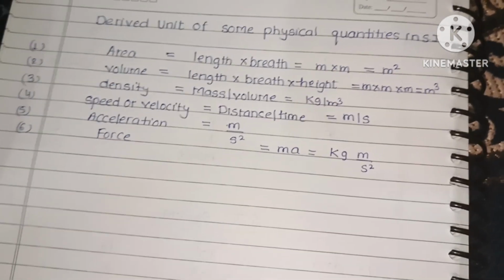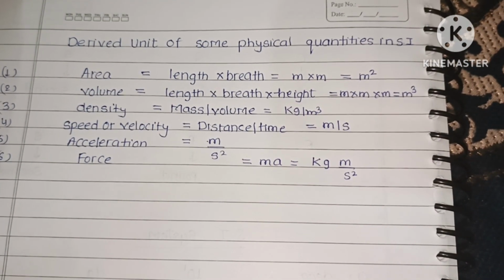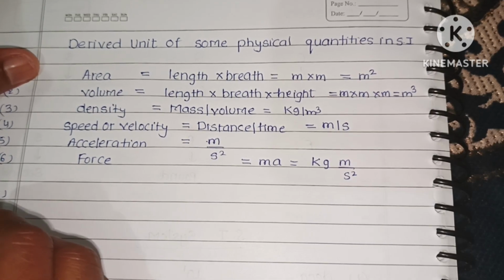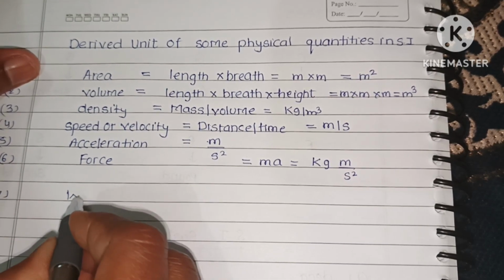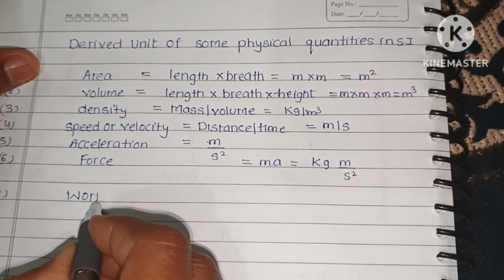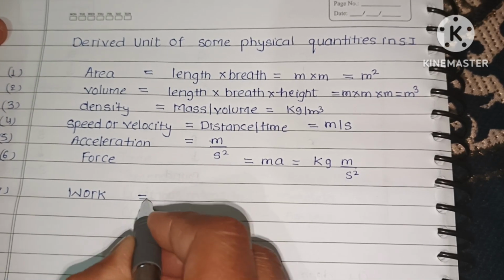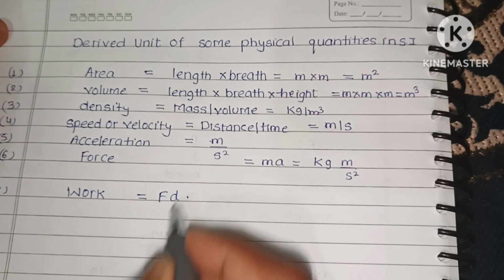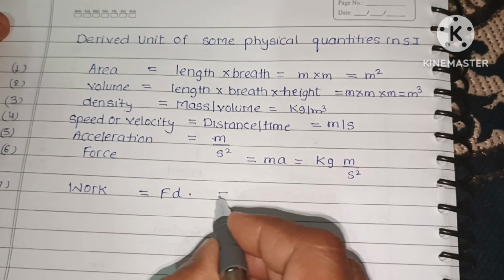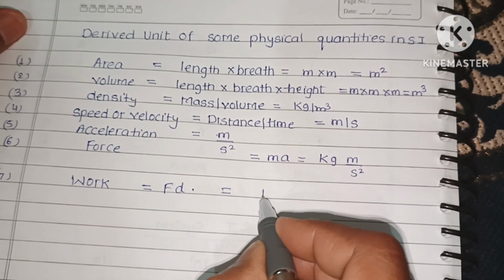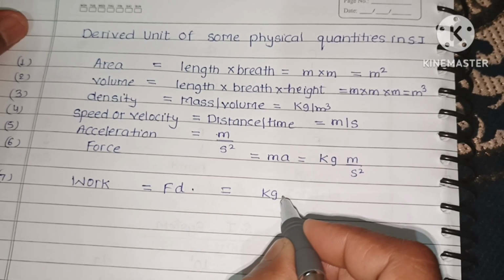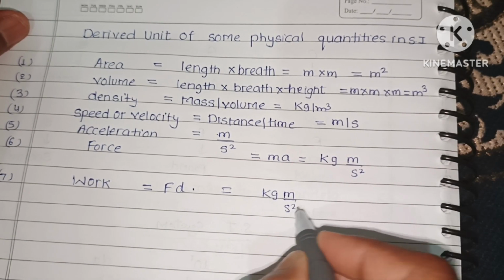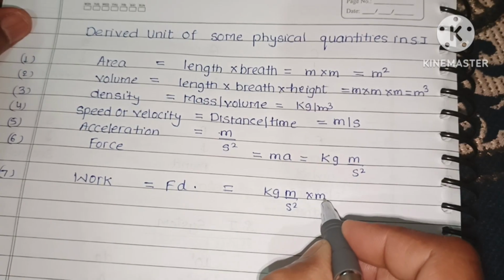Now next is work. Work is F into d. F unit is here kg meter per second square into m.